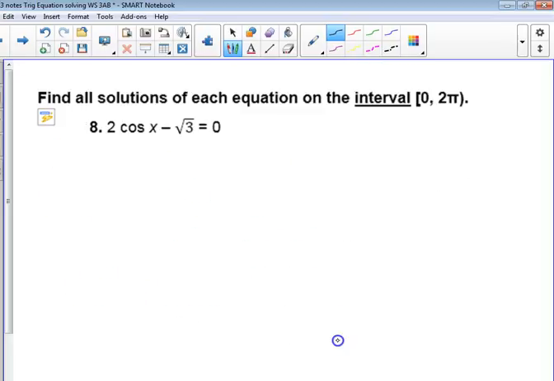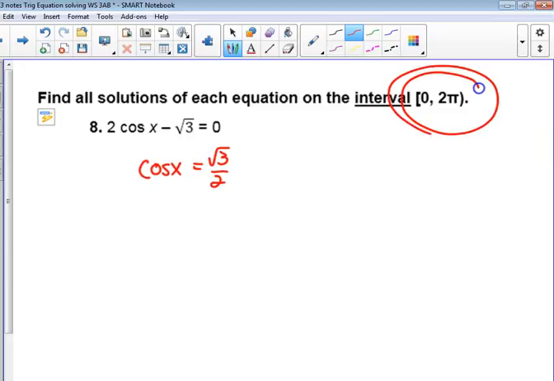Are we good? Oh, easy one. You guys do this one. 2 answers. Why is there only 2 answers? It's positive, and because they limited us to 0 to 2 pi, right?